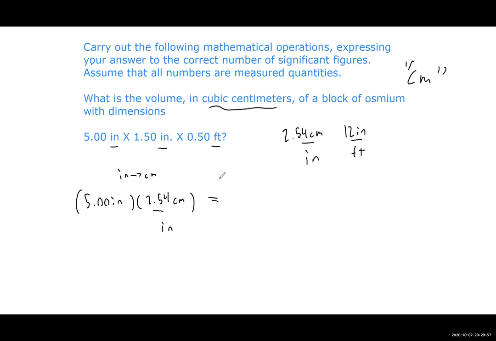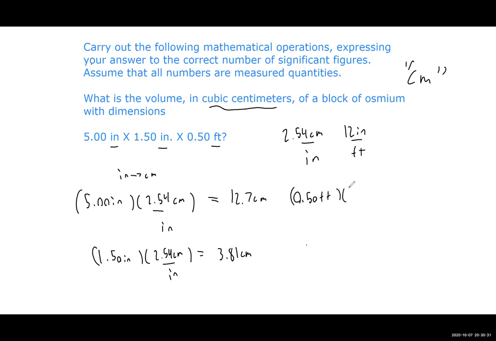That in turn gives us 12.7 centimeters. When we have 1.50 inches, we know that we have 2.54 centimeters per inch. And that in turn gives us 3.81 centimeters.